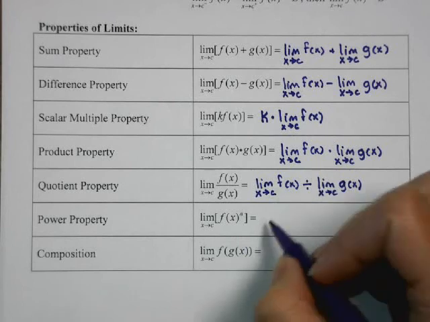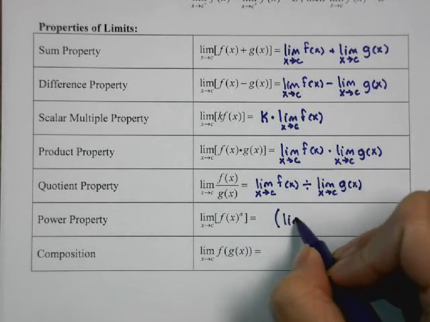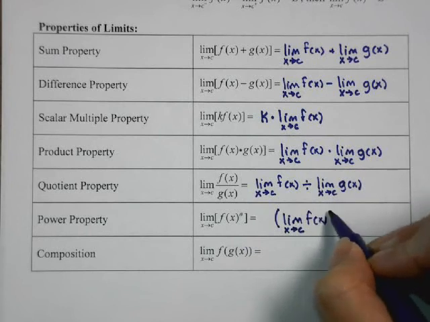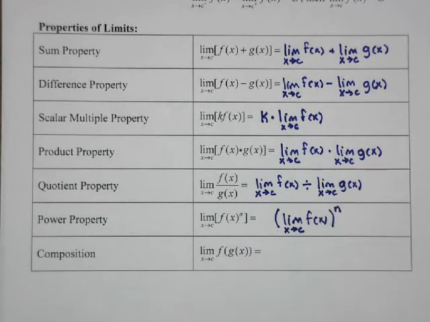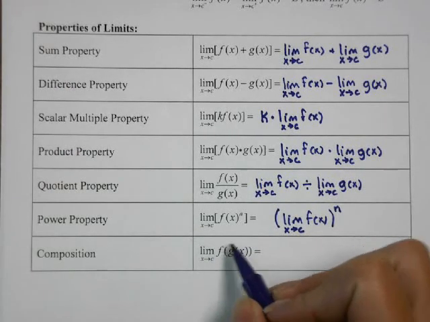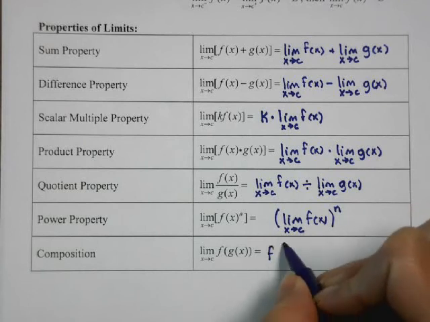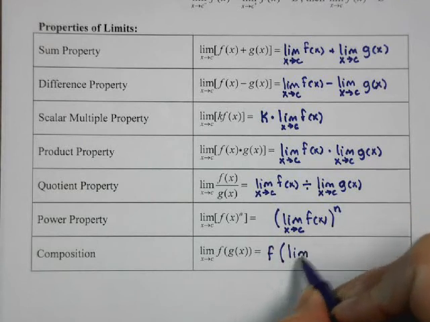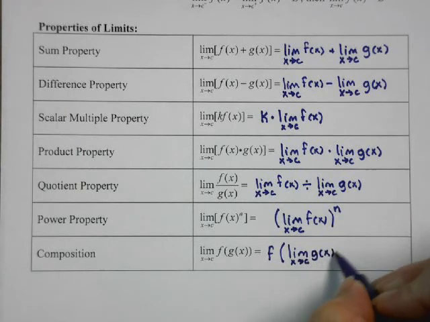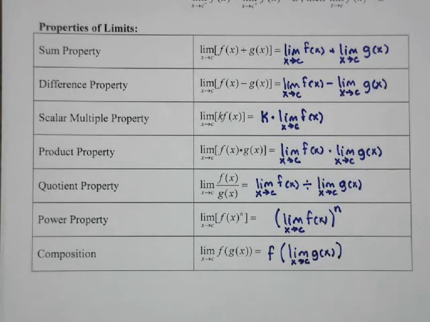A power, this will be the limit as x goes to c of f of x to the n. And lastly, a composition. So the limit as x approaches c of f of g of x is going to be f of the limit as x approaches c of g of x.